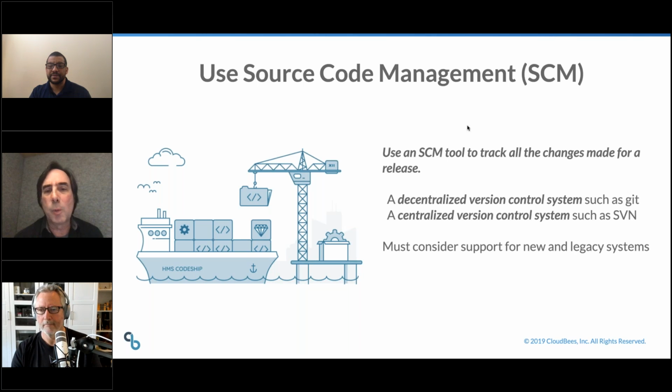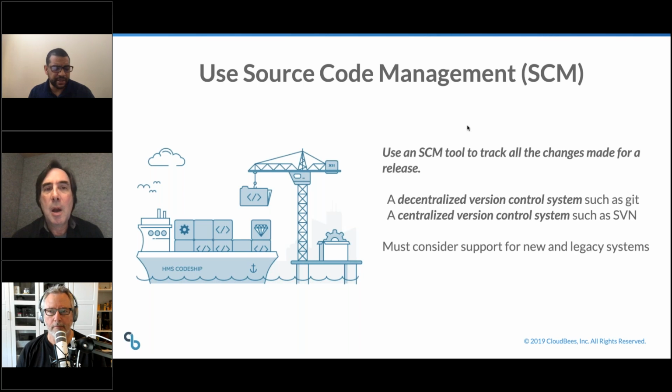But if you're working with legacy code, you may deal with more centralized systems such as Subversion, CVS, RCS, etc. You need to keep that in mind as you're looking at your project. If you're going to work with legacy systems, you need to consider how to integrate a centralized version control system, or you may want to consider moving that legacy system to a decentralized system.